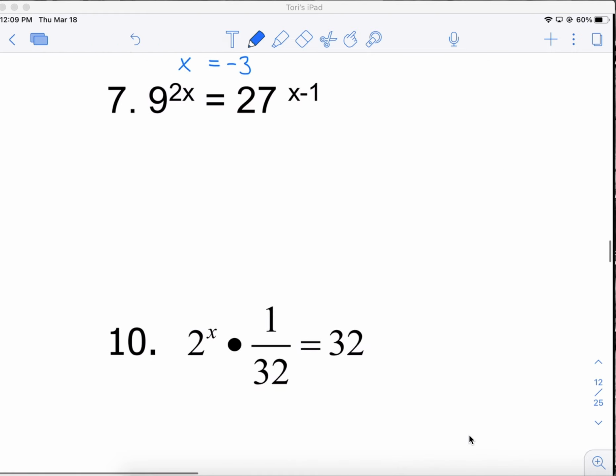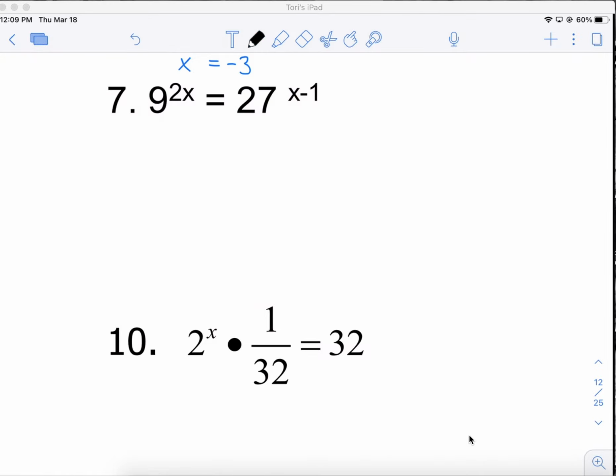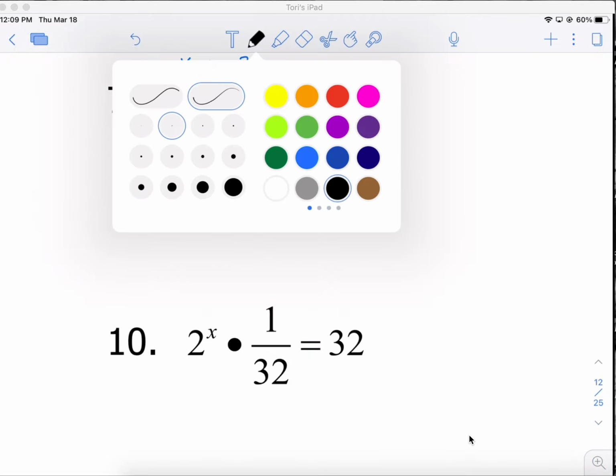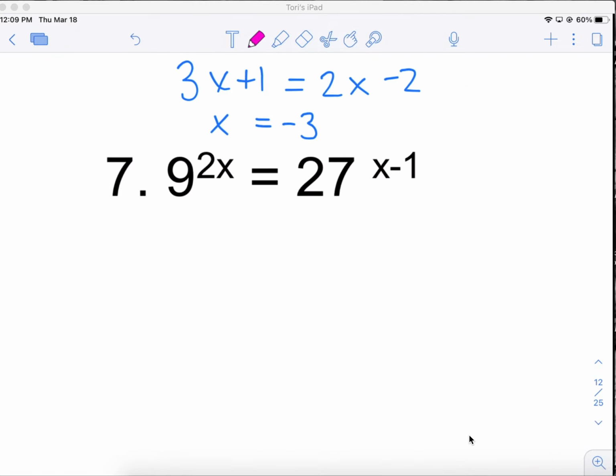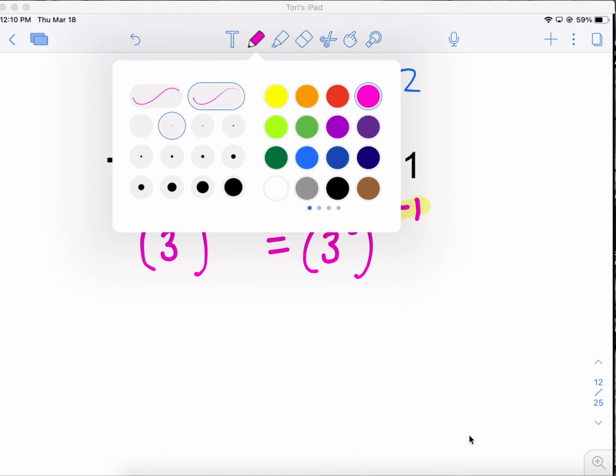All right, starting with 7. Number 7. I'm looking at these, and I noticed that 27 is not a power of 9. But 9 and 27 are both separately a power of 3. So I'm going to rewrite both of these. The 9 I'm going to make 3 squared. The 27 I'm going to make 3 to the third. I keep the exponents that they already had on the outside because when I put them together, I'm going to have to remember to multiply.